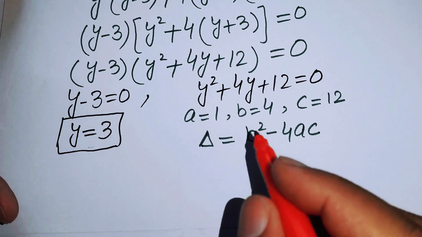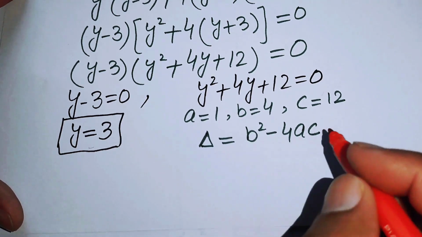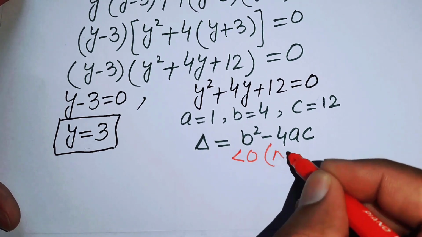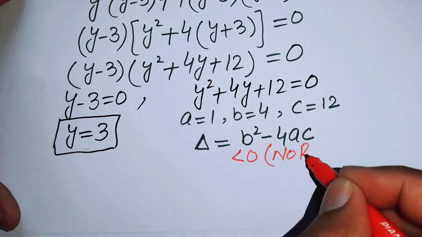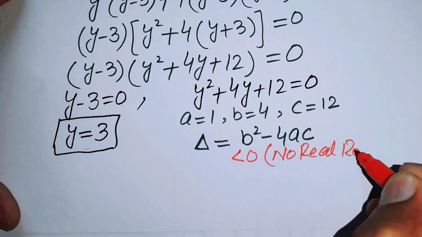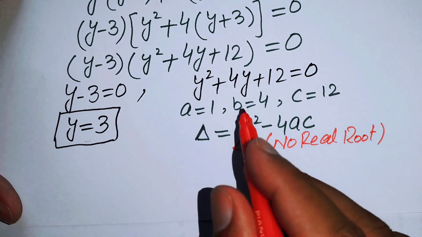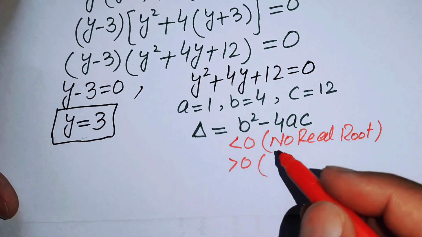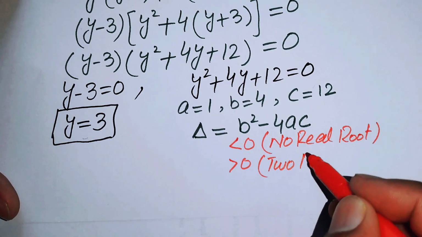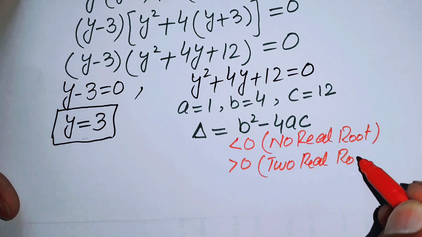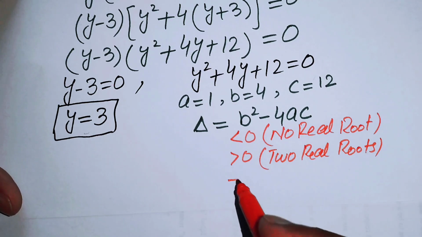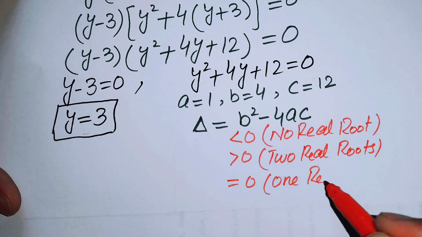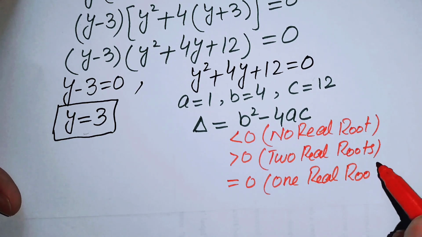If this delta gives the value less than 0, then it means that this equation has no real root. Or if this delta gives the value greater than 0, then this quadratic equation has two real roots. And if it is equal to 0, then this quadratic equation has one real root.